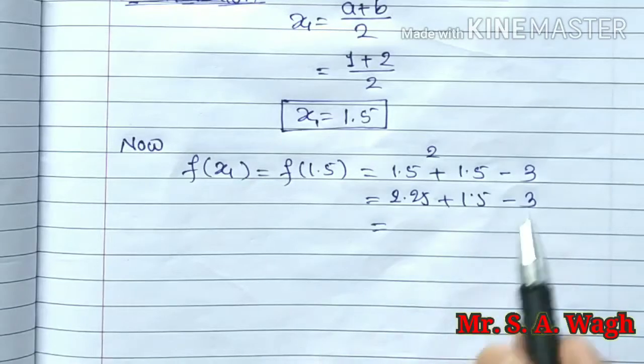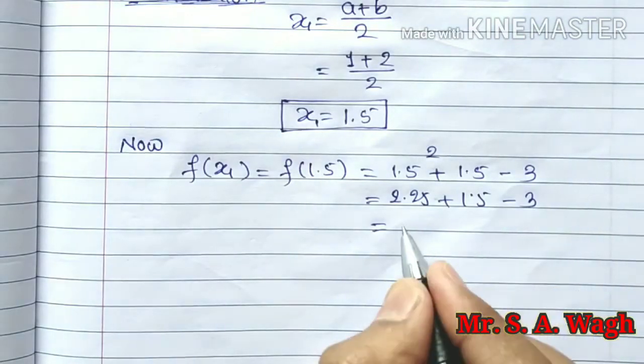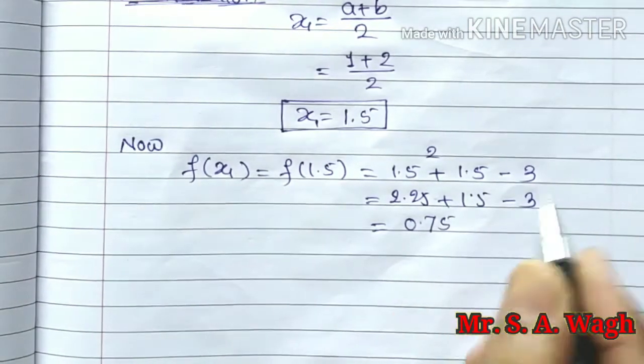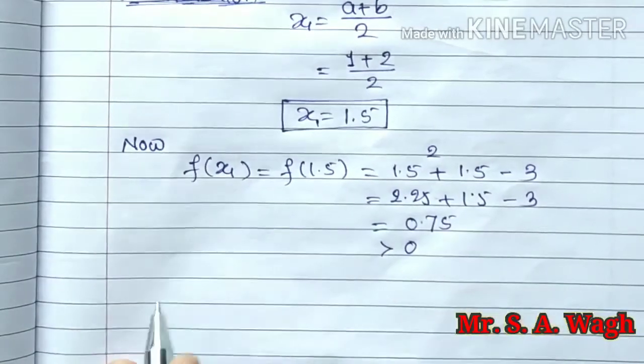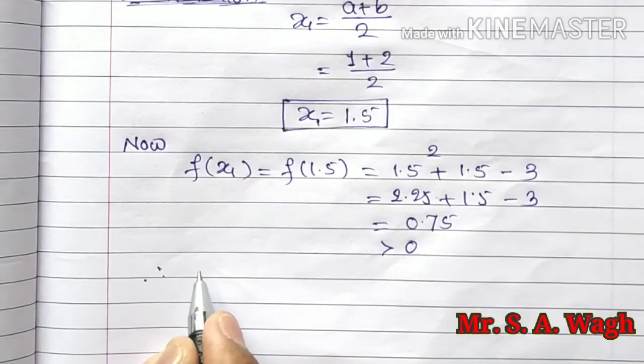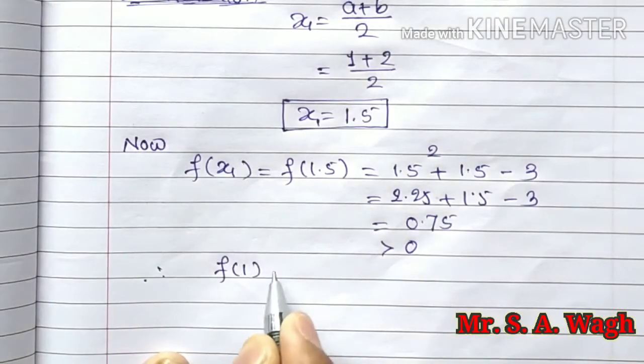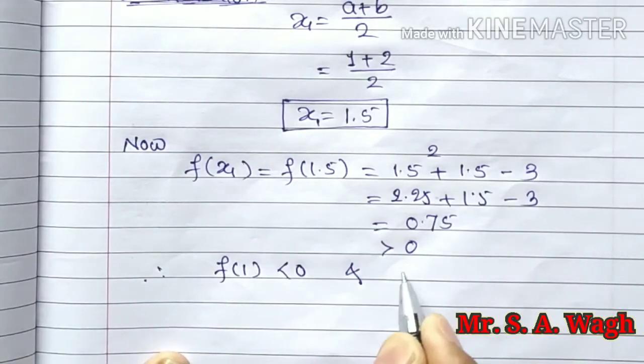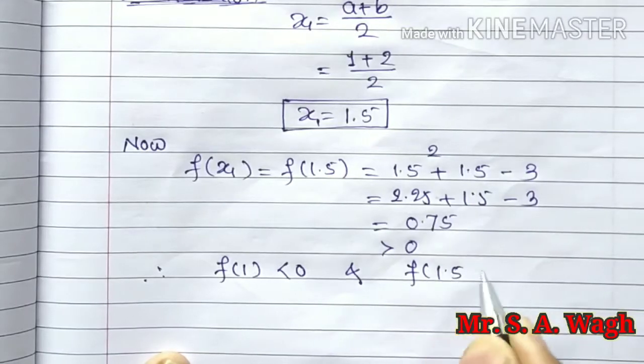So this total calculation will be 0.75, which is greater than 0. And so we have the negative value from the lower side, that is f of 1, which gives a negative value, and now f of 1.5, which gives a positive value.